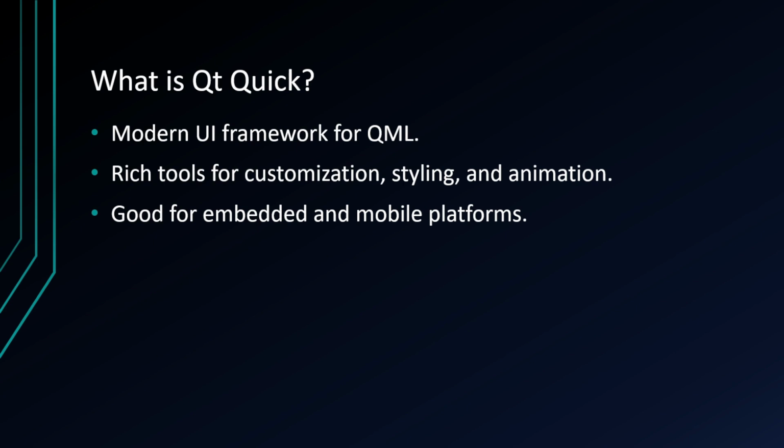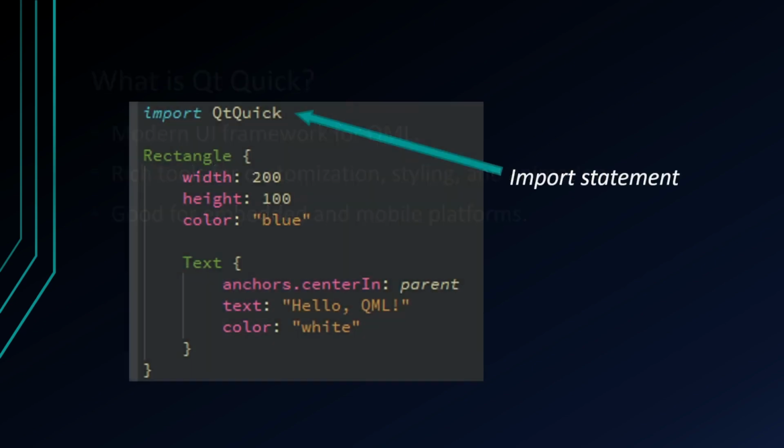Qt6 is easy to style, customize, and animate, and that's great. Look at the previous example, okay? As I said before, rectangle and text are items that help you build your UI. But these items really come from Qt6. And firstly, you should import Qt6 in your code in order to use them.